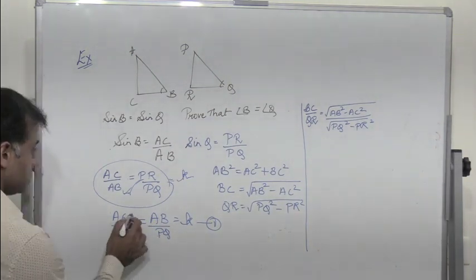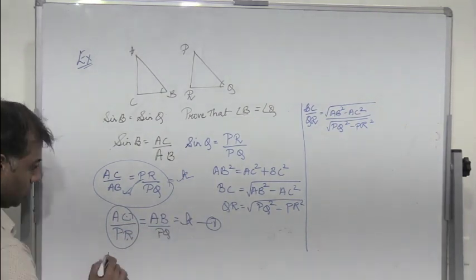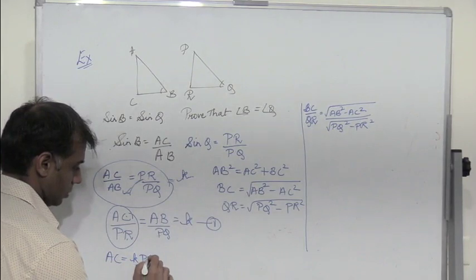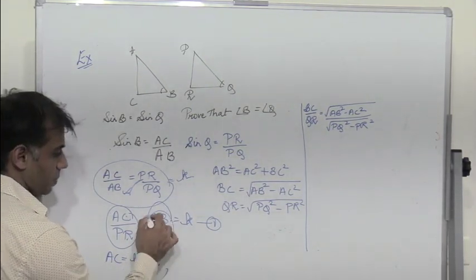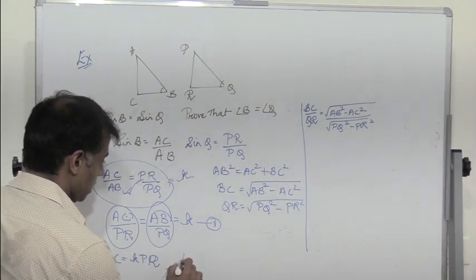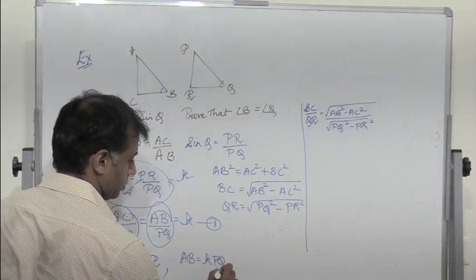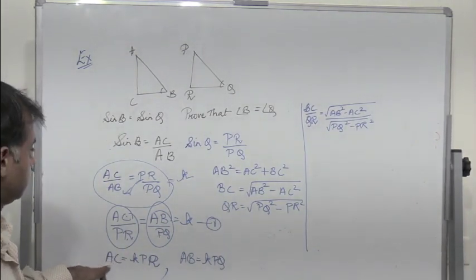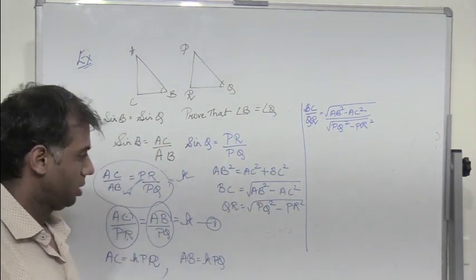Yes. Now if I consider AC by PR is K, therefore AC equals K times PR. AB by PQ is equal to K. So what is AB? AB is K times PQ.